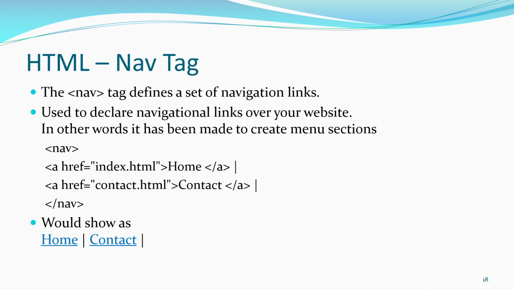Now we can do it as a row across the top or down the bottom, wherever you're putting this in your page, but it helps you create menus in text format. Remember, we're doing the basics.